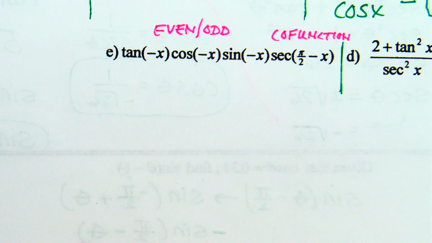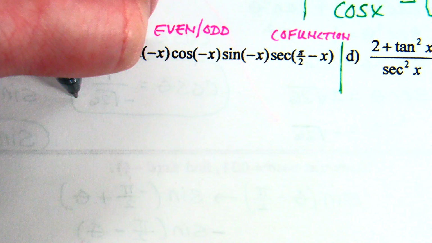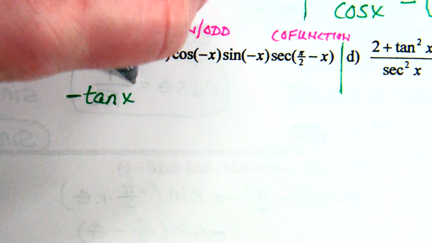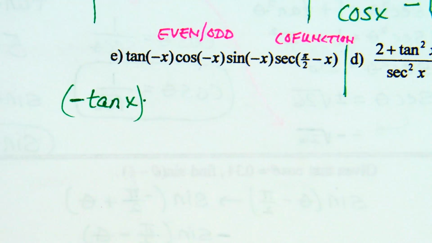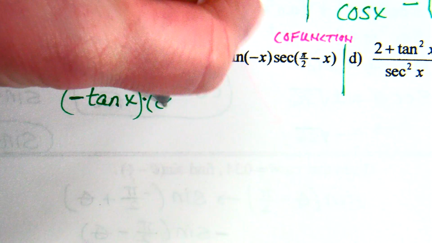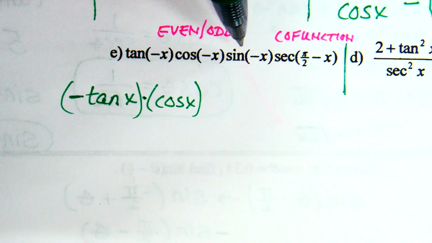According to our even and odd, what is tangent of negative x equivalent to? Negative tangent of x. Times. According to our even and odds, what is cosine of negative x equivalent to? Positive cosine of x. Times. What is sine of negative x equivalent to?